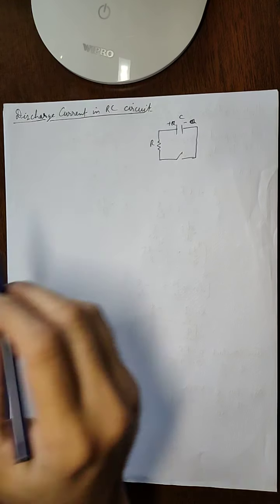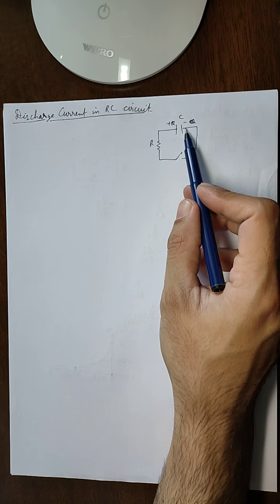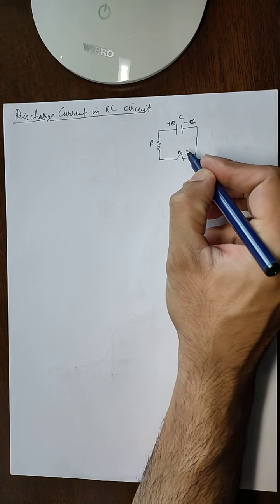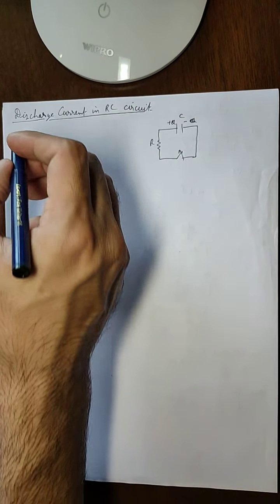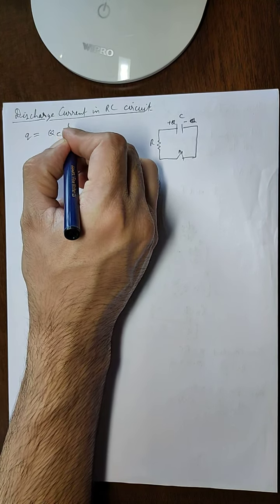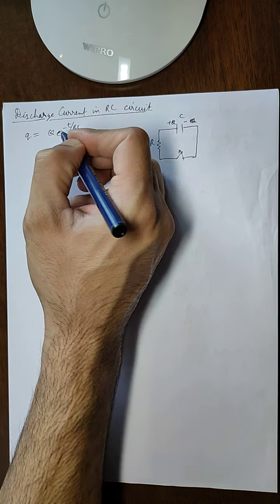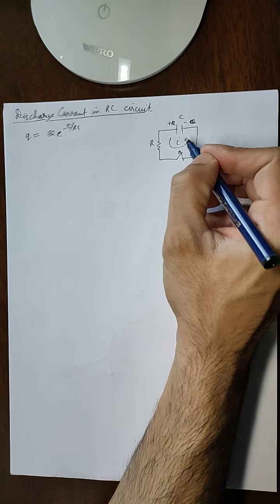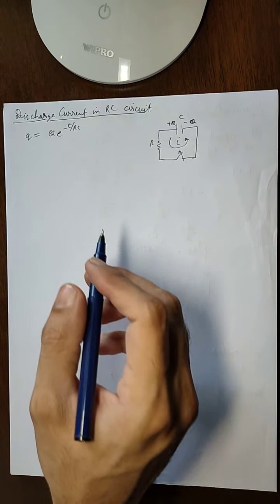Now in the last video we studied that if a fully charged capacitor is connected to a switch through a resistor R, and if the switch is closed, then at any time the charge remaining on the capacitor will be given by this formula. This we studied in the last class, and there will be a current I flowing in this direction.